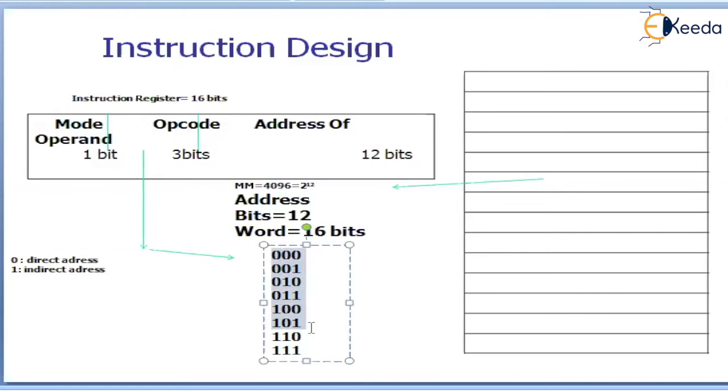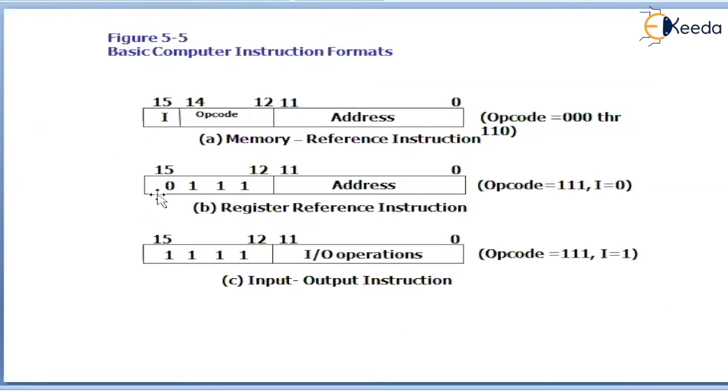For the memory reference instructions, I will use the first 7 combinations, 000 to 110. So when the opcode is between 000 and 110, that means it is a memory reference instruction.